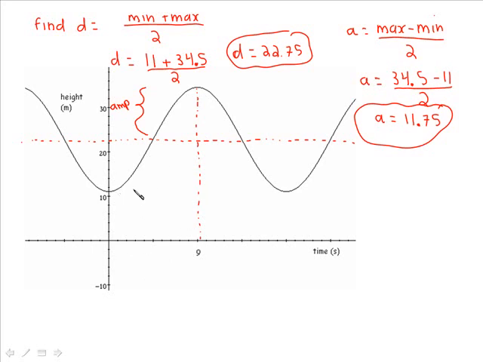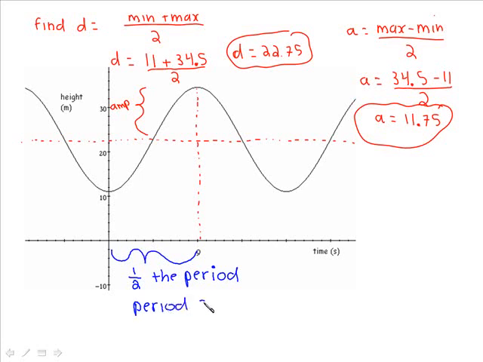And we have 9 seconds from the bottom to the top. This is 9 seconds, but this is 1/2 the period. So to find the full period, we multiply that 9 seconds by 2.